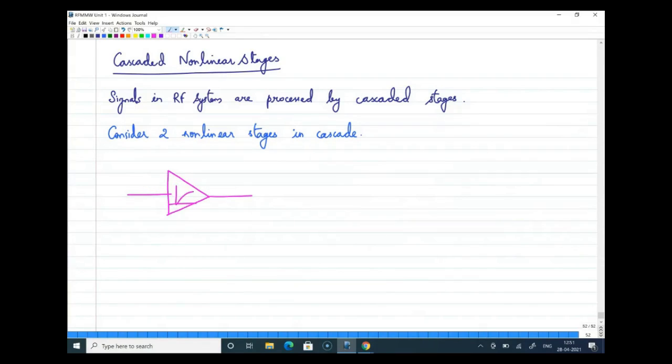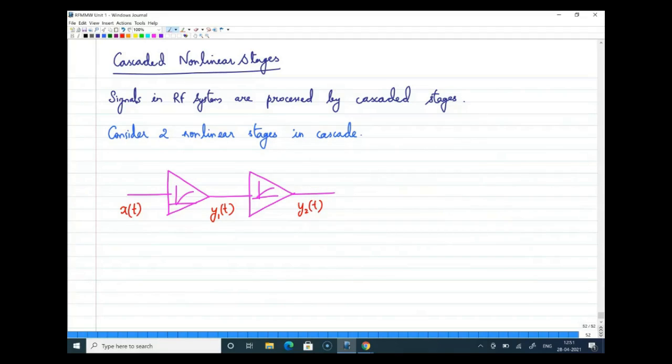This is a nonlinear stage, and this is again passed through one more stage that is also a nonlinear stage. Now, to analyze this better, I am marking the input signal as x of t. Generally the output we call y of t. Since it is the output of the first stage, I call it y1 of t, and the output of the second stage I am calling y2 of t.